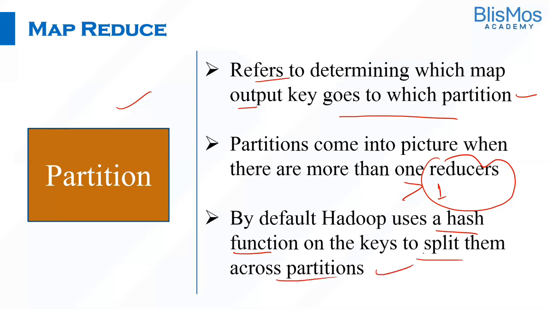That means when we have more than one reducer, two partitions are there if the two reducers are defined. So there should be some logic to determine which output of the map should go to which partition. That is determined by partition logic, that is by default hash function in Hadoop.